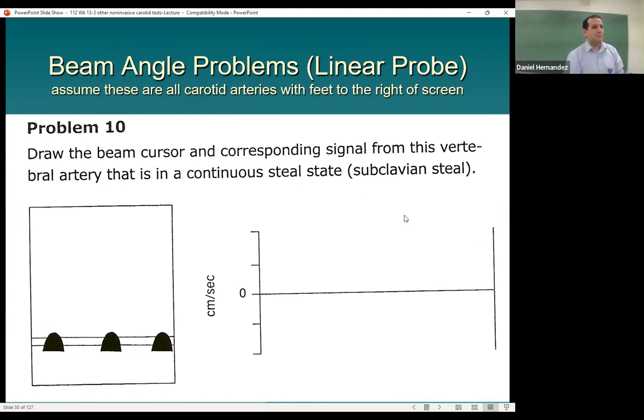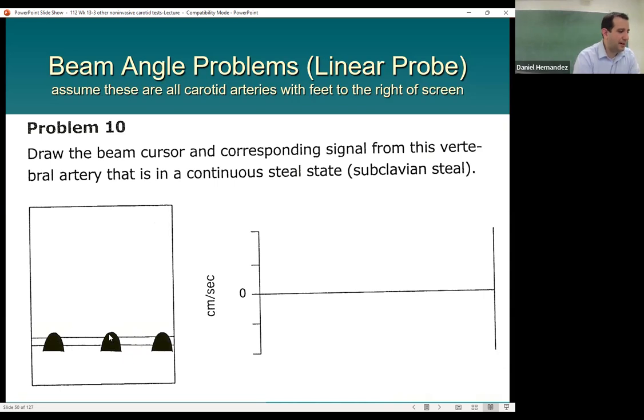So this patient now would have a continuous subclavian steal. So here's our vertebral artery with our segments, intravertebral. So if we had to Doppler this now, and we wanted to draw something that had a subclavian steal, if I was steering my ultrasound beam in this direction, a negative shift would be antegrade.